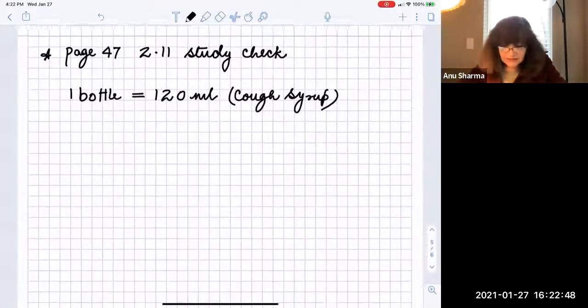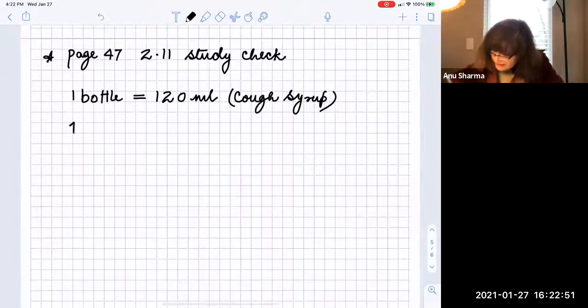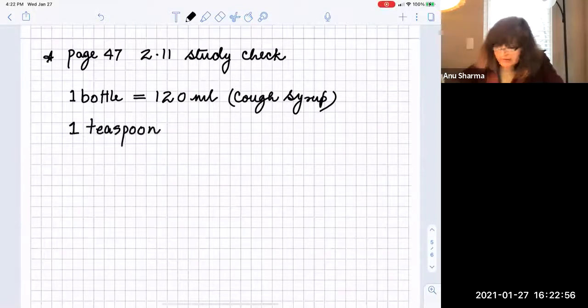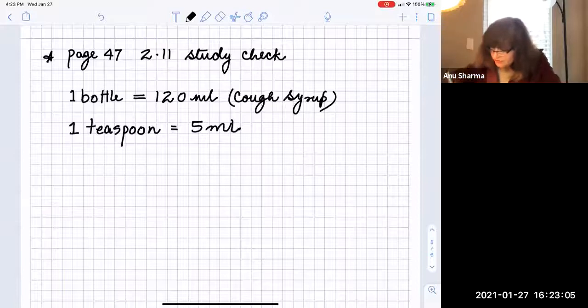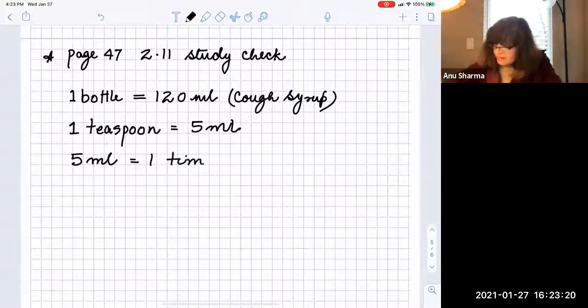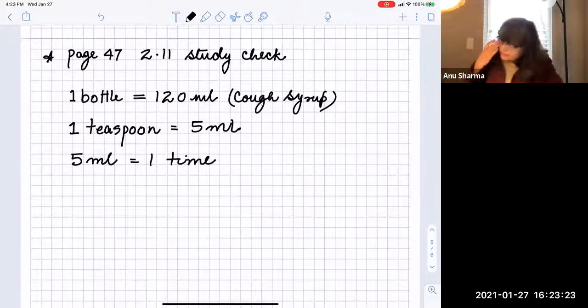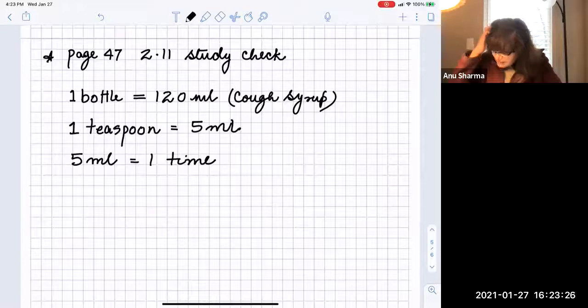Next is if 1 teaspoon equal to 5 ml, and this is given in parentheses. This is given 4 times a day.